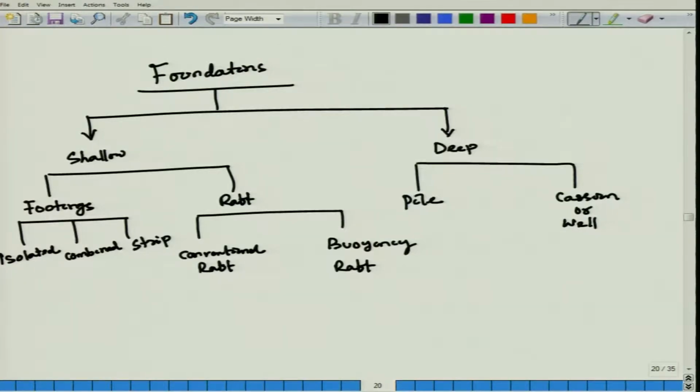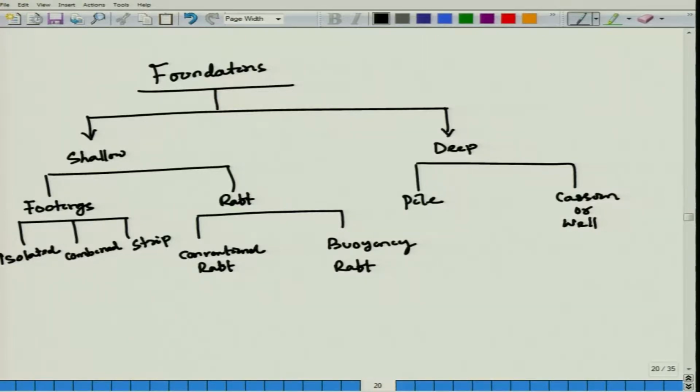If I make it simple, not to confuse you, foundations are basically classified into two types. One is your shallow foundation, second is your deep foundation. In shallow foundations, I classify into two parts: one is your footing, other is your raft.